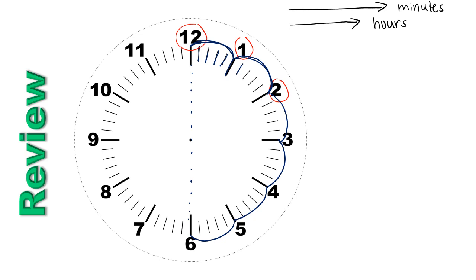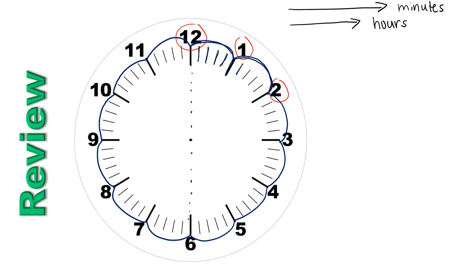If halfway around the clock is 30 minutes, how many minutes do you think are in the other half? That's right, 30. So 30 plus 30 is 60, so there should be 60 minutes in 1 hour. So 30, 35, 40, 45, 50, 55, 60.